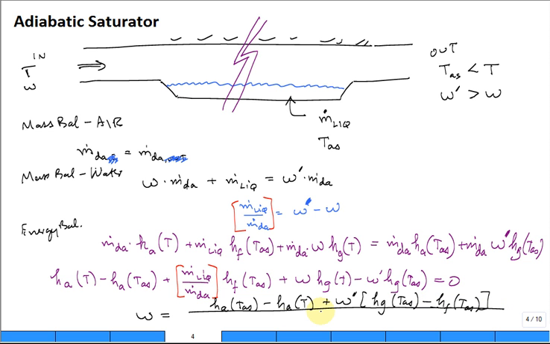And then in the denominator you have h_g at temperature T minus h_f at the adiabatic saturation temperature. It's not a pretty equation, but it is algebraically doable.